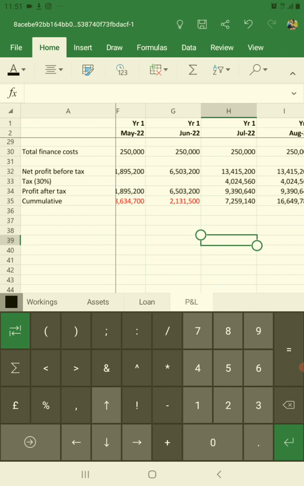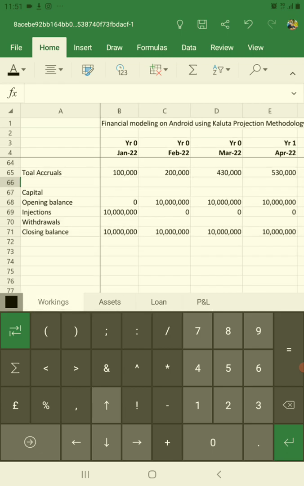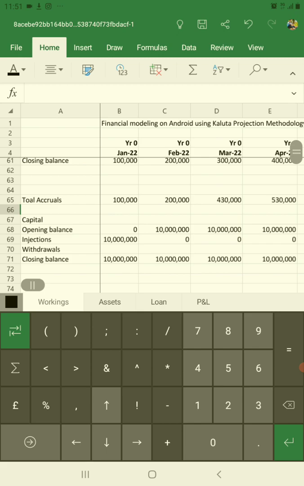So in this financial modeling, we will accrue tax on a monthly basis but pay it on a quarterly basis at the end of each quarter. Because we are going to accrue, I'm going to add a section in the accrual area, because I had my total accruals there.